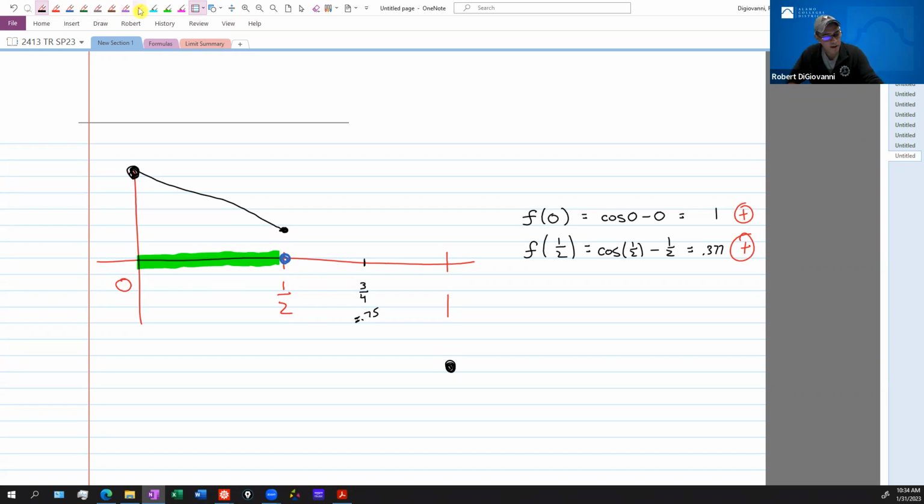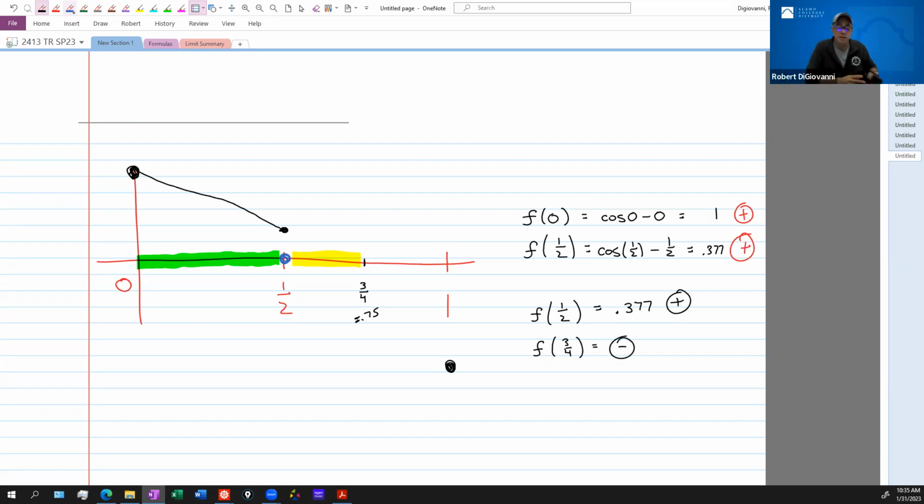And so what I would do now is I'd say, hey, let's look just in this little interval right there. So I would check between a half and 3/4. We already know that this is 0.377, that's positive. And then if I plug 0.75 into the function on my calculator, I get a negative number.